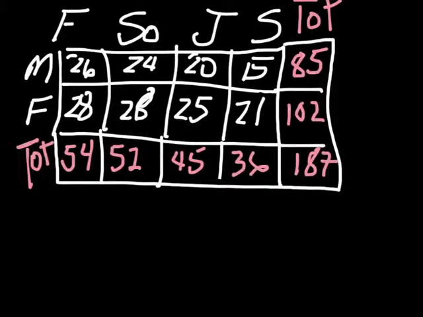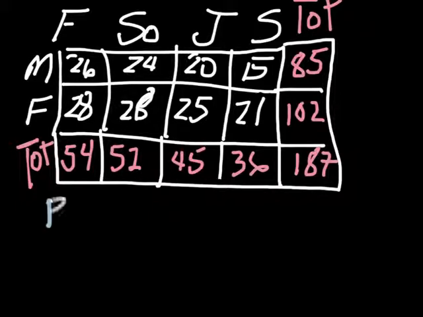And so hopefully when you added these up you got the same totals I got. These are correct. I double checked them while I was paused. Why are these totals so important? Well, say I want to find the probability of a male sophomore if I select one student at random.